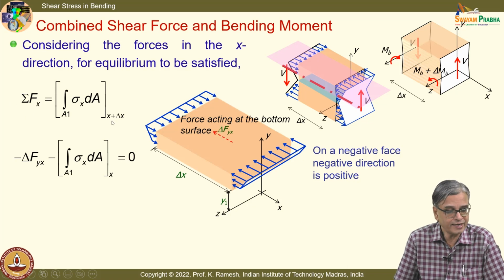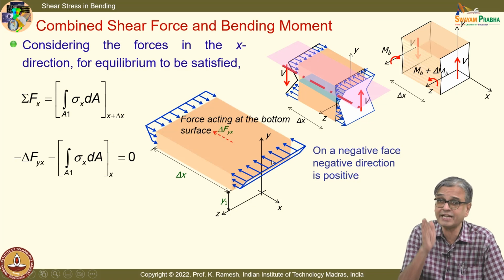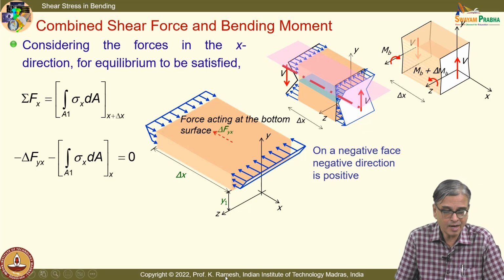So, we look at what happens at x plus delta x, sigma x into dA at x plus delta x, and I call this area as A1. It is not the complete area of the cross section, it is the area of the cross section above the line which is located at y1. Fine. This section above the pink section is what we are really looking at.